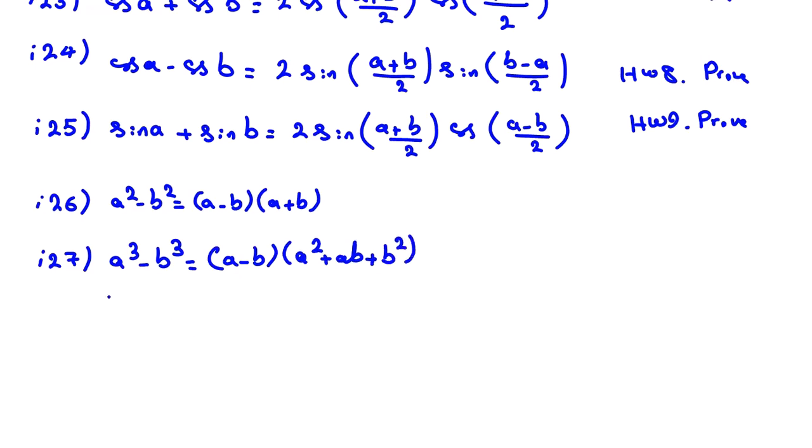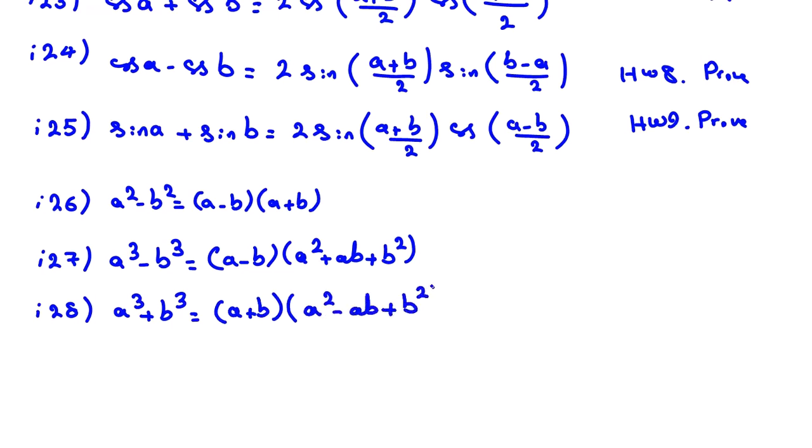Okay? And idea 28, a cubed plus b cubed is (a plus b) times (a squared minus ab plus b squared). Okay? Idea 29 is a to the n minus b to the n, for positive integers n. It is (a minus b) times (a^(n-1) plus a^(n-2)b plus a^(n-3)b squared, up to b^(n-1)).